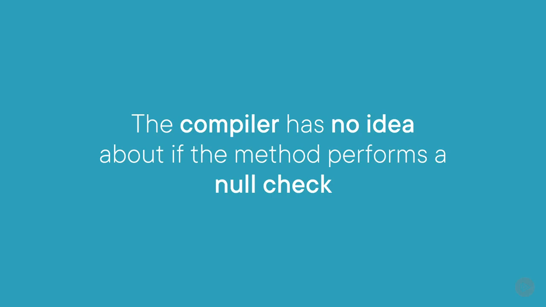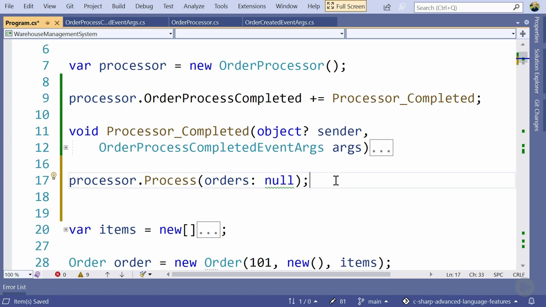But the whole purpose of nullable reference types is that you can indicate that you do not wish to receive a null reference. If you tell the consumers of the method that you want them to pass a reference, that means you can remove unnecessary null checks. Of course, there's no guarantee that you won't get a null anyways.